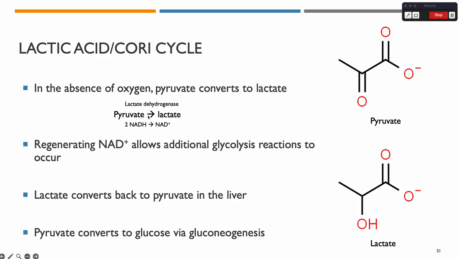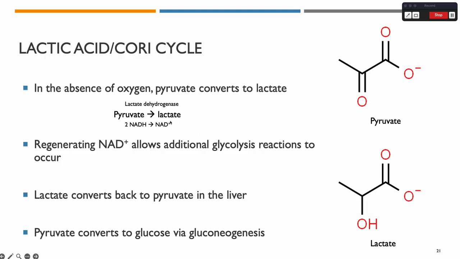That being said, there should be an arrow pointing the other way because this is a reversible step. So pyruvate to lactate can bounce back and forth. It's a two-way reaction, just like creatine phosphate is.